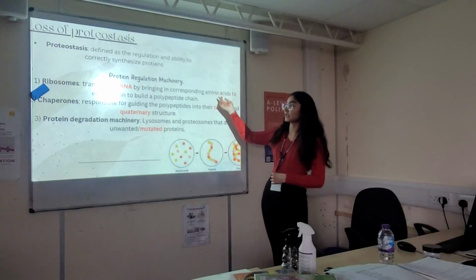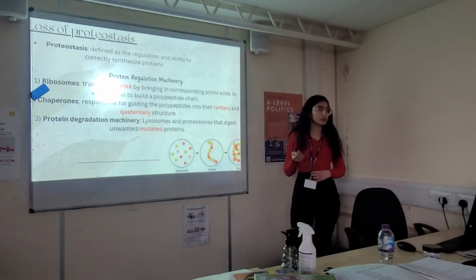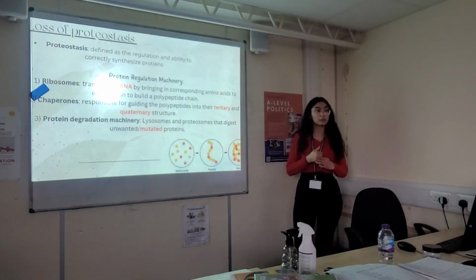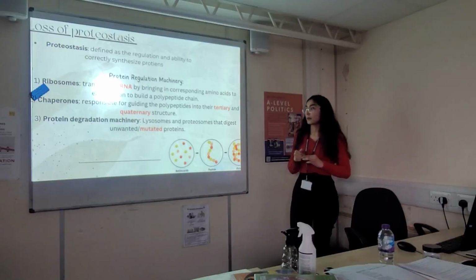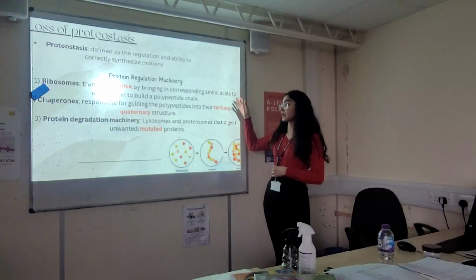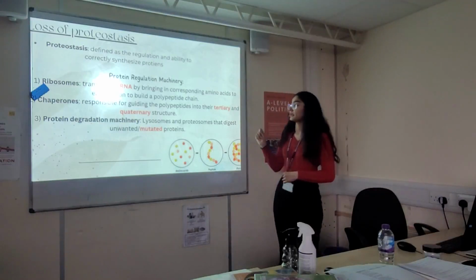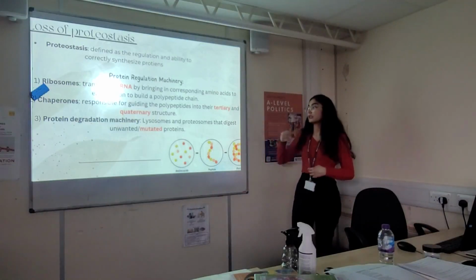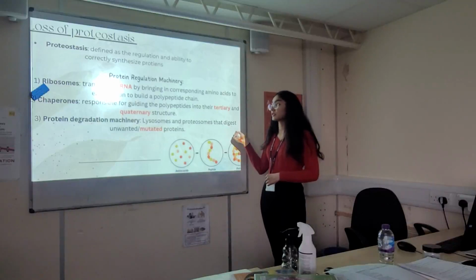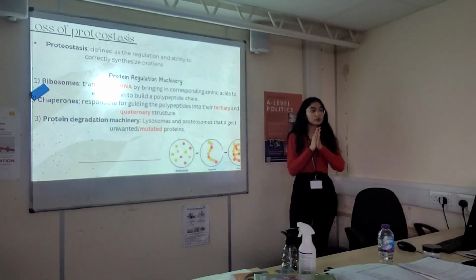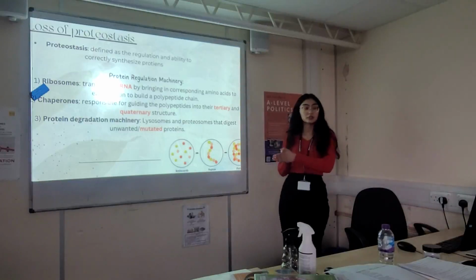The first one we all kind of know about is ribosomes. They essentially synthesize the polypeptide by bringing in complementary tRNAs, which have an amino acid attached to them, and they build the polypeptide chain. Second are chaperones, which help guide and build the tertiary and quaternary structures of our polypeptides, which turn into proteins.